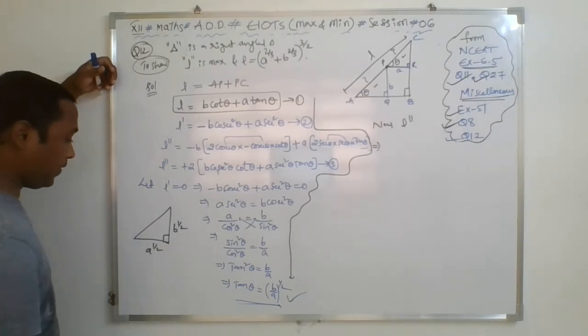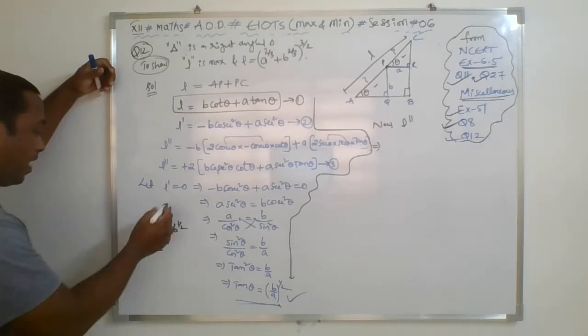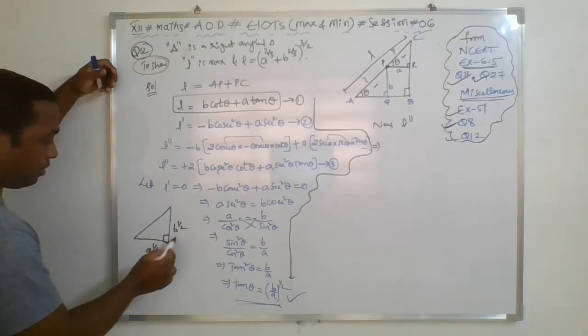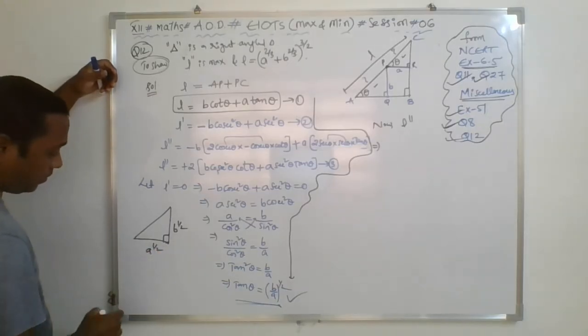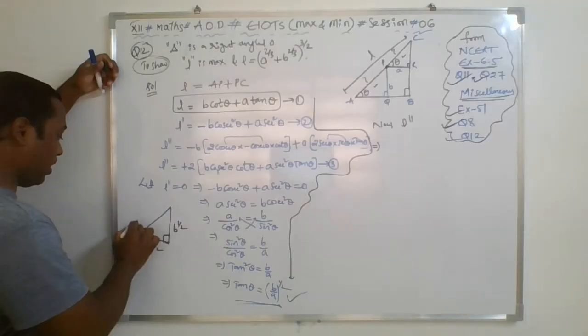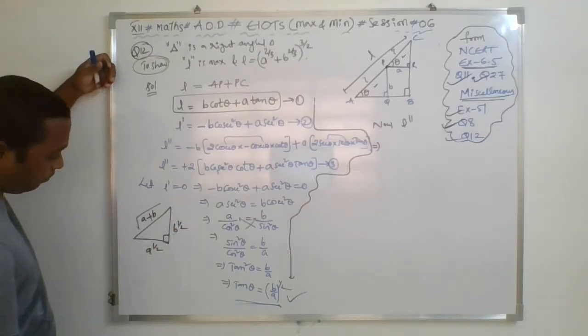So the length of hypotenuse is equal to the square of this plus the square of this. It will be given by under root of A plus B.